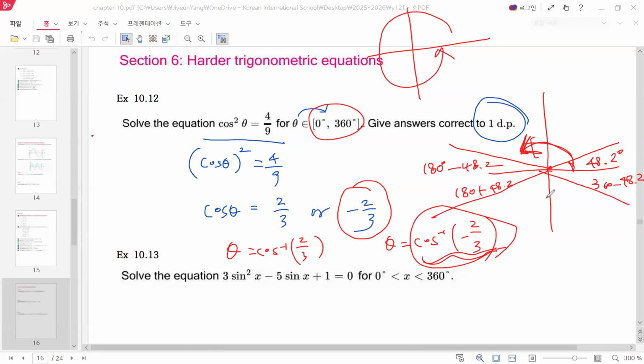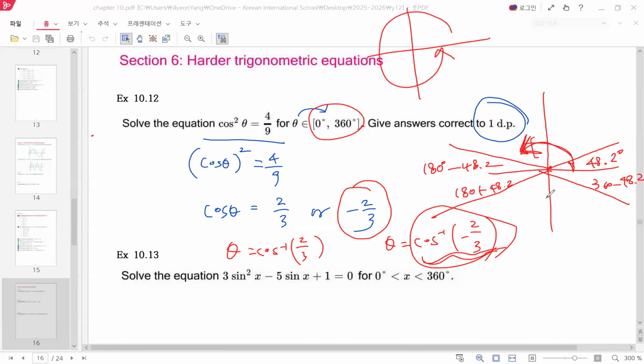Please look at that. So cosine theta, which is 48.2 degrees, cosine 48.2 degrees is defined as 2/3. This one, students, cosine of 180 minus 48.2 degrees is going to be negative cosine 48.2 degrees, which is negative 2/3. Do you understand?